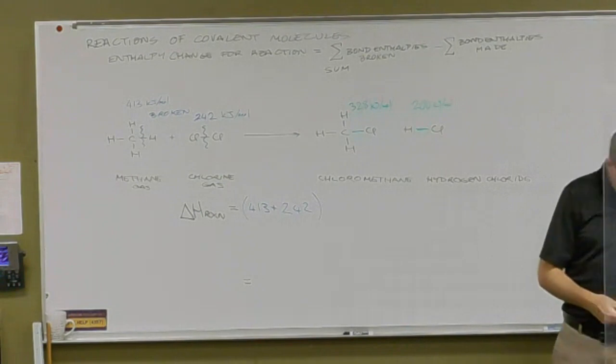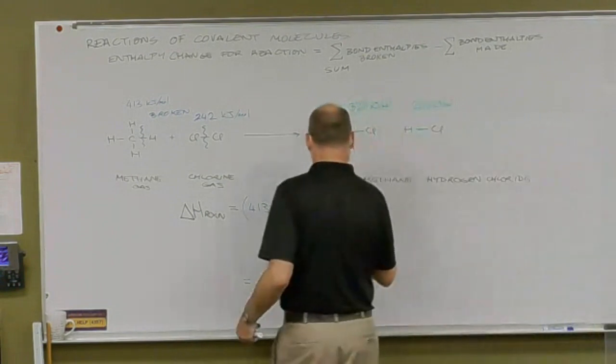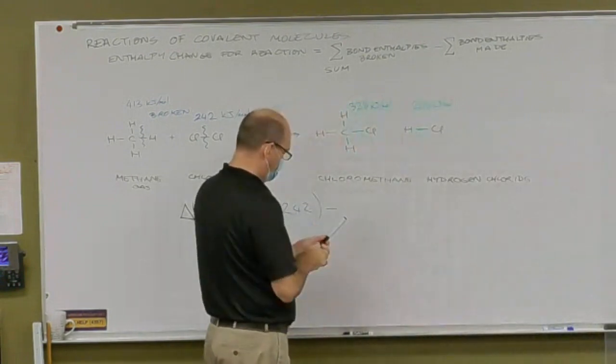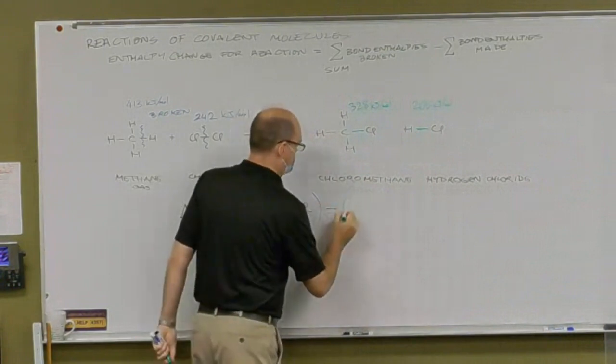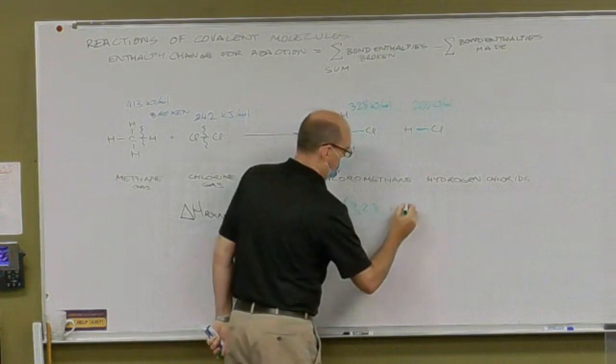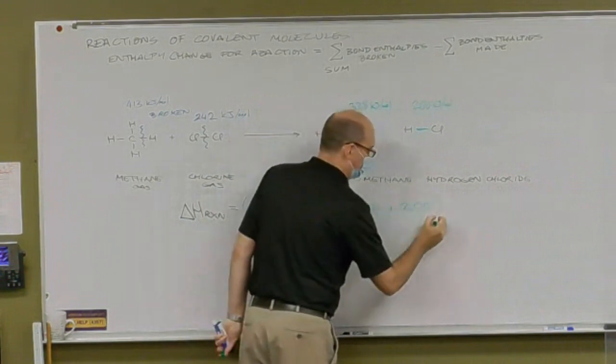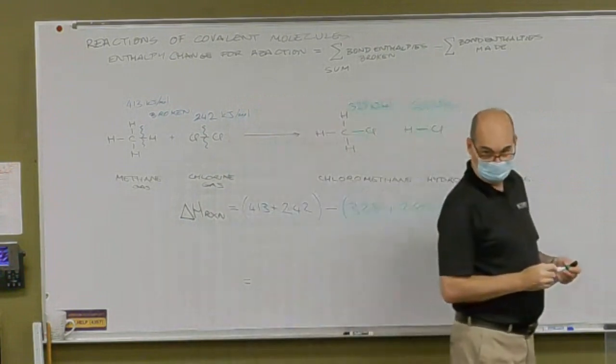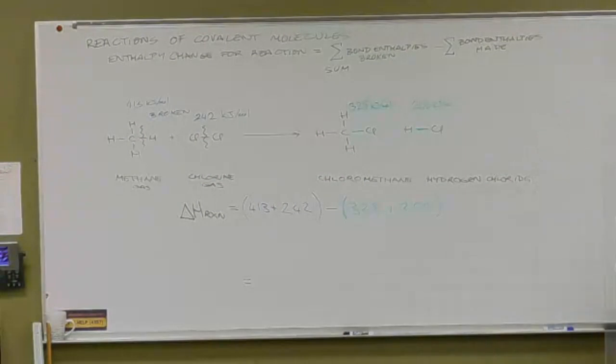Gonna need 3 pens. So what's the number? 1,183 kilojoules per mole.